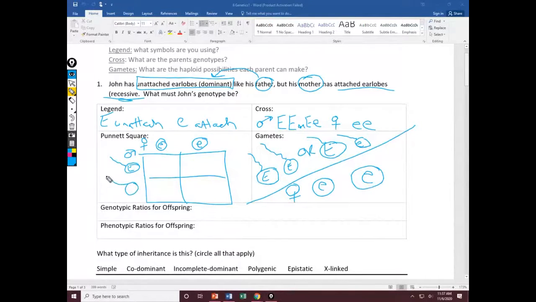I'm going to leave my second sperm blank because that will depend on which dad you've chosen, dad 1 or dad 2. Depending on what you've done will alter which offspring you get, and that will also alter your final genotypic and phenotypic ratios.